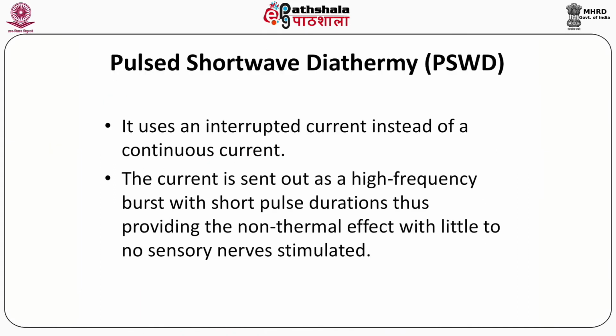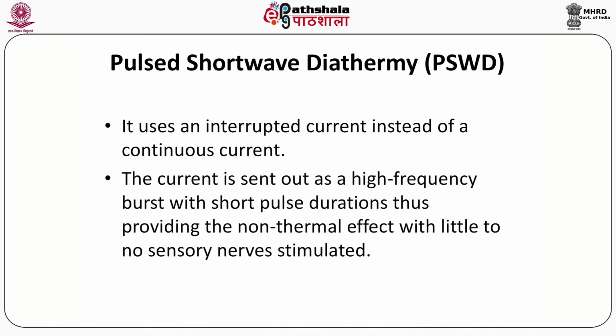Now the second technique of shortwave diathermy is pulsed shortwave diathermy, or PSWD. It is the use of interrupted current instead of a continuous current. When continuous current is used, it is called continuous shortwave diathermy.